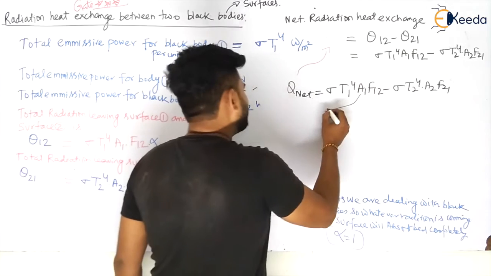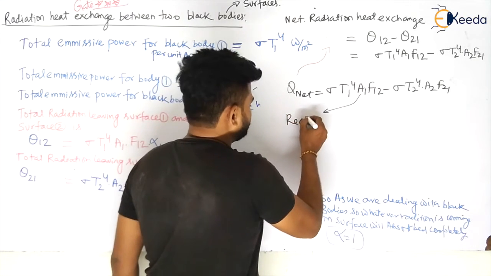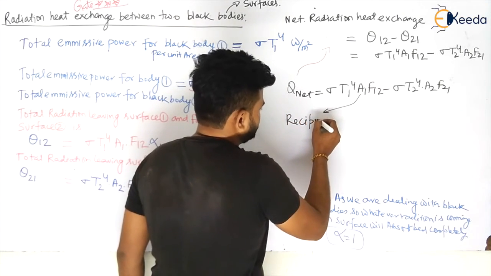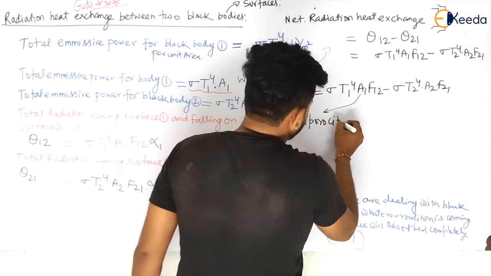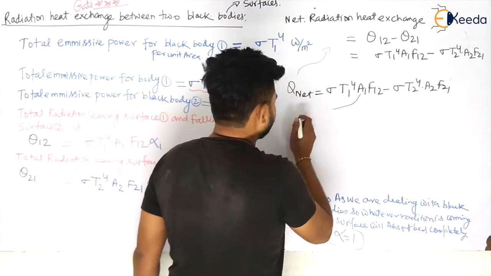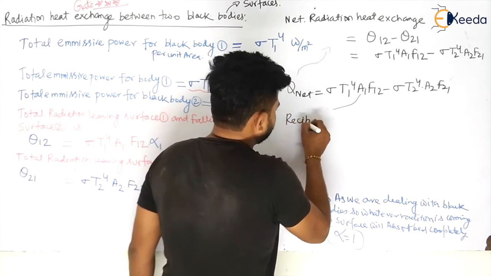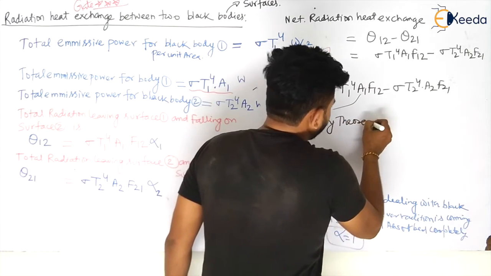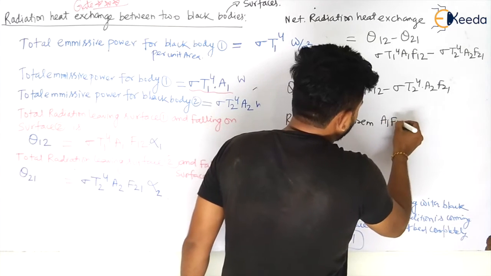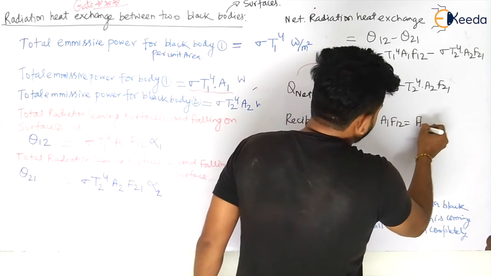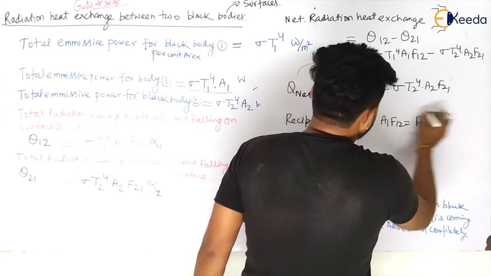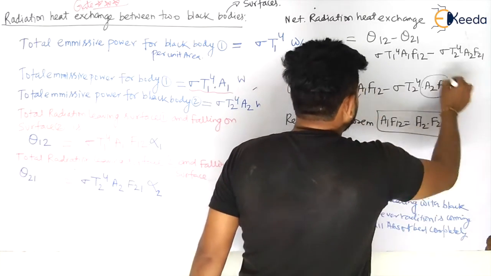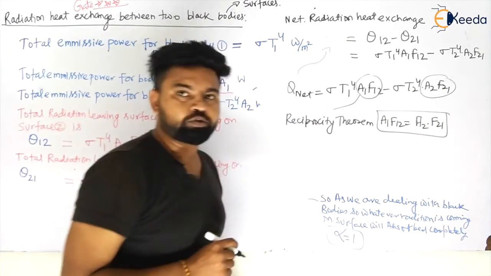If I use the reciprocity theorem, what we know is that A1 F12 is equal to A2 F21, my dear students. So this part will be equal to this, yes or no?